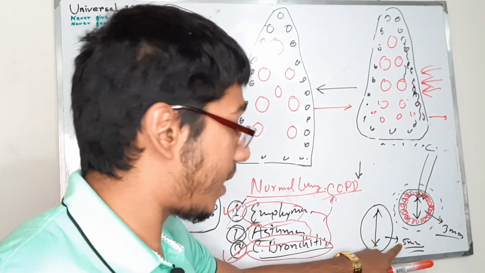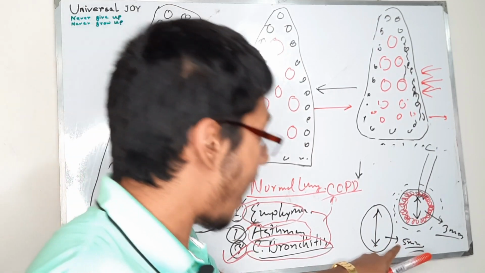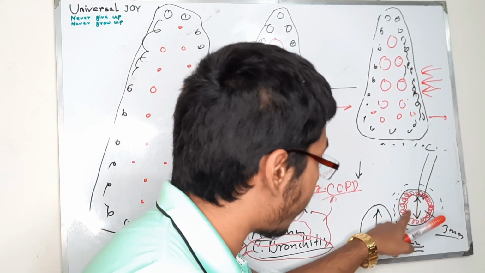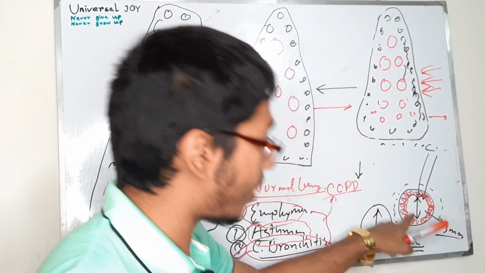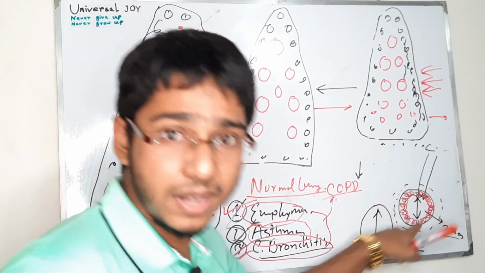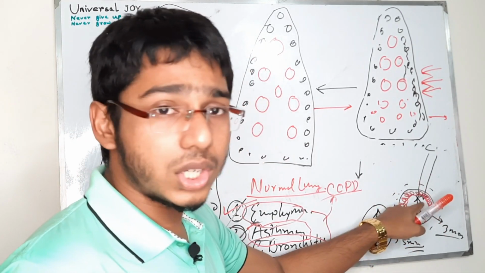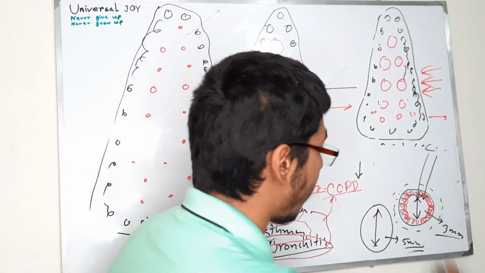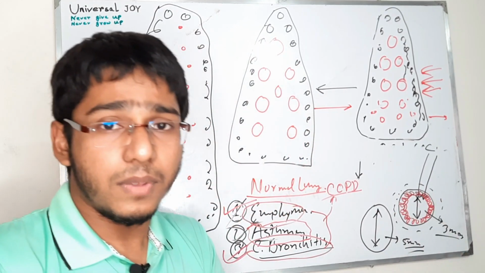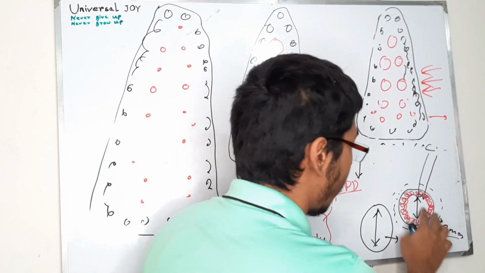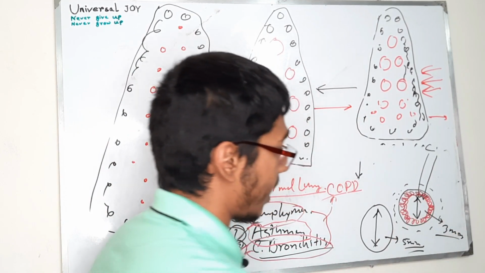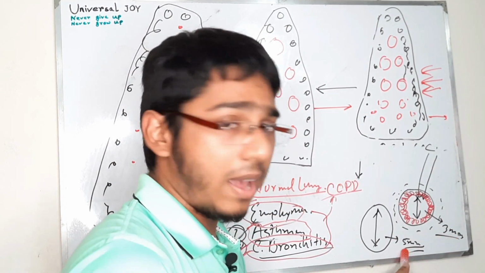As the airways have now become totally inflamed or obstructed, or in other words irritated, the cells surrounding the airway are producing more secretions, and due to these secretions the lumen of the airway has become smaller, and the diameter of this lumen has come down to 3 millimeter from 5 millimeter.